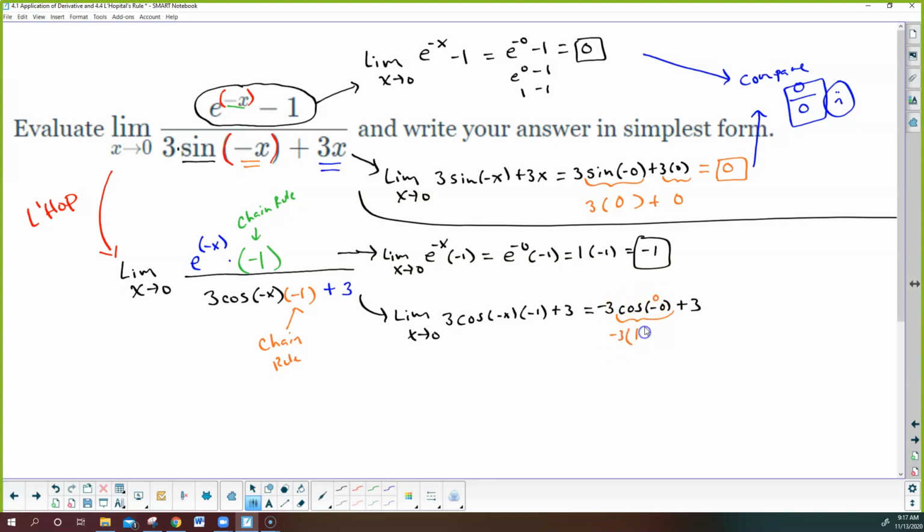So I end up with negative 3 plus 3, which gives me 0. Now, what happens when I compare these two? I get negative 1 over 0, which is not indeterminate. I just can't divide by 0, so that tells me that it doesn't matter. My overall limit just does not exist.